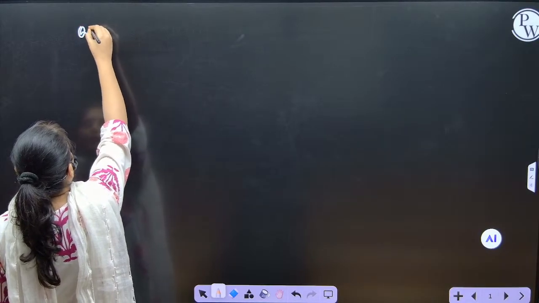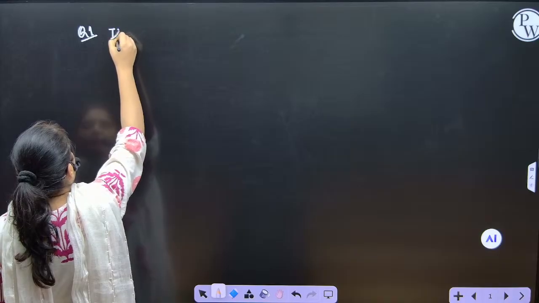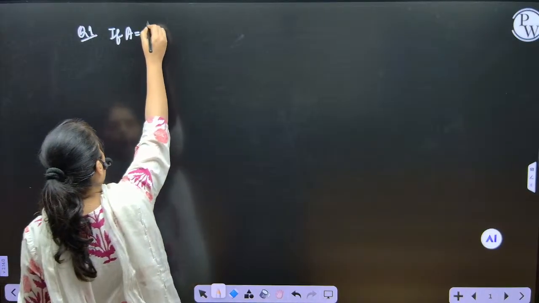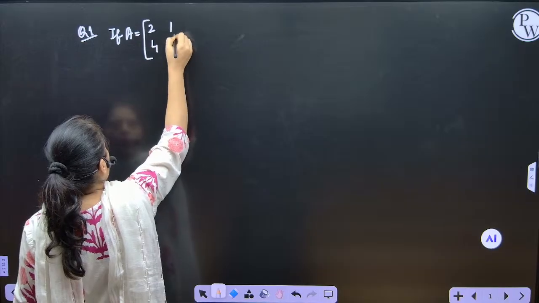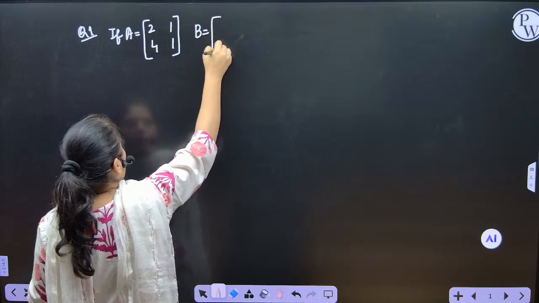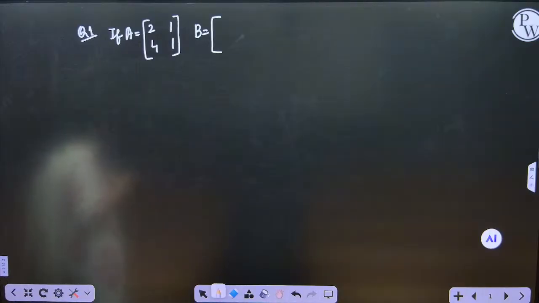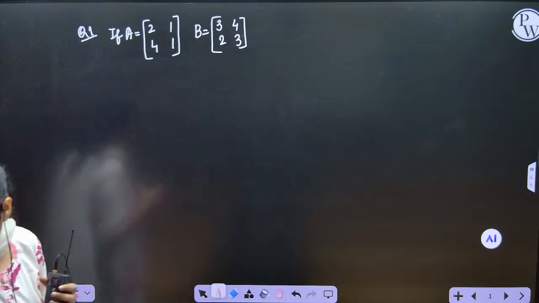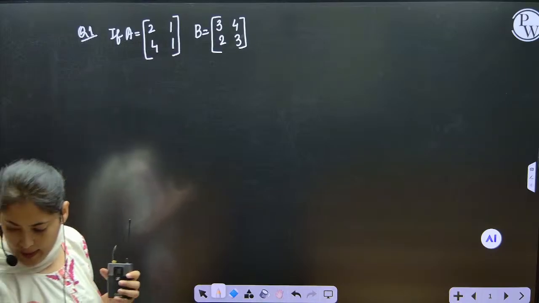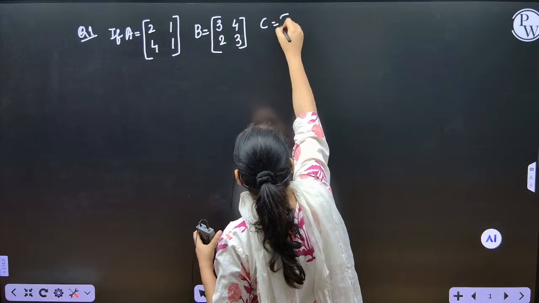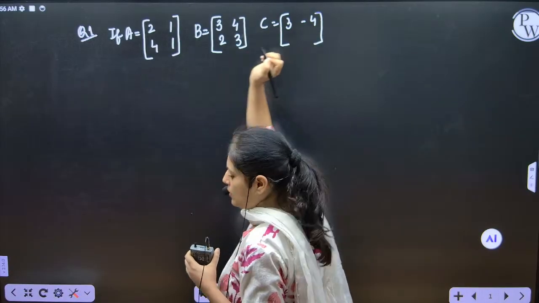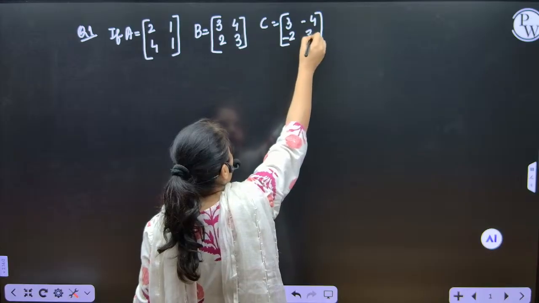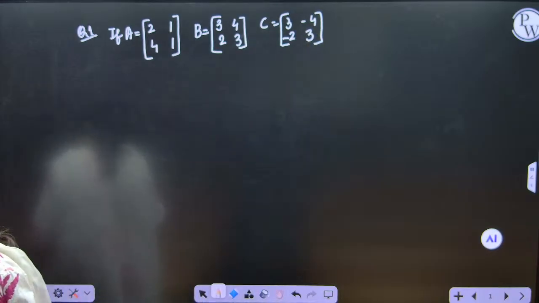First question of the day is, if matrix A is given as 2 1 4 1, matrix B is given as 3 4 2 3, and C is 3 minus 4 minus 2 3. All right, these three matrices are given to you.